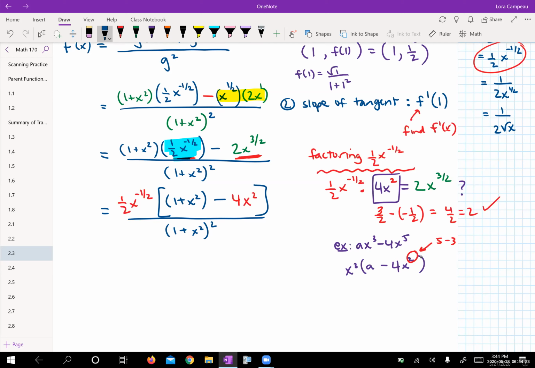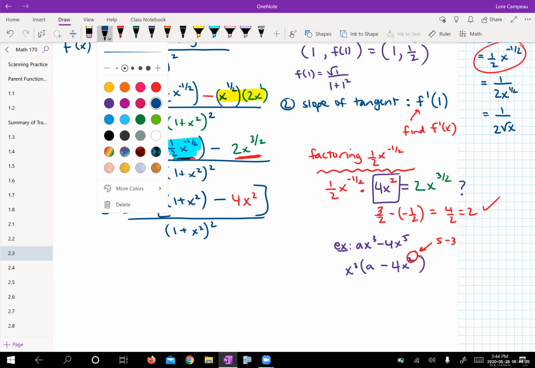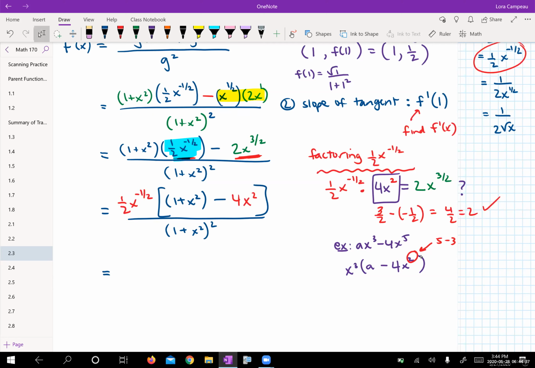And now what I'm noticing is I have 1/2 x to the -1/2 power. It's a mini complex fraction here. So I could adjust this a bit and say, well, I don't want fractions within fractions. Let's take that 1/2.